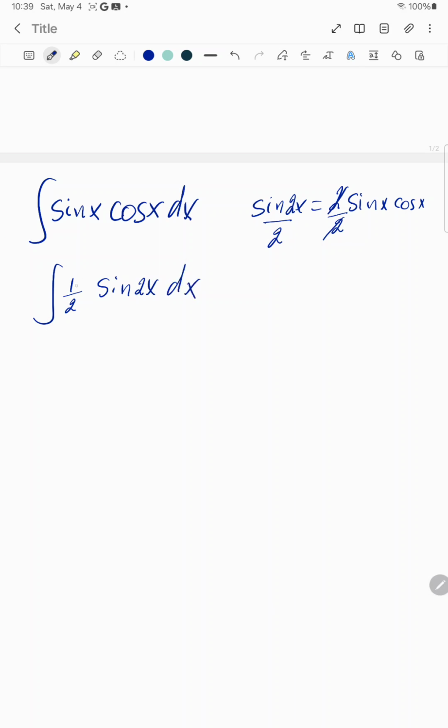dx, and the 1/2 is a constant. I'll take it outside my integral. It becomes the integral of sine 2x dx, but we know the integral of sine 2x is equal to minus cosine 2x divided by 2 plus c. If you want the proof for that, I will erase it later on.